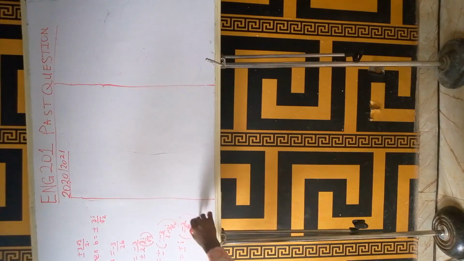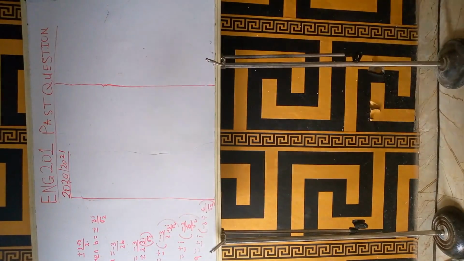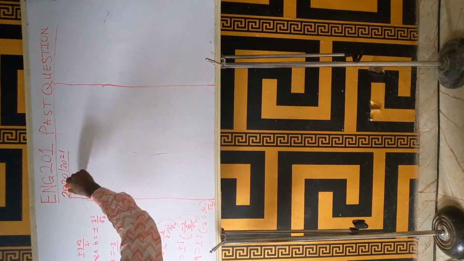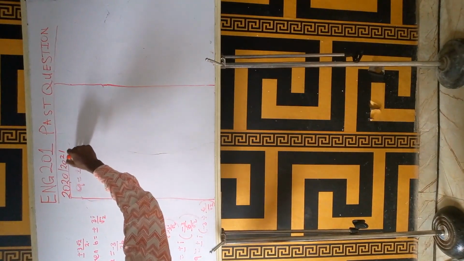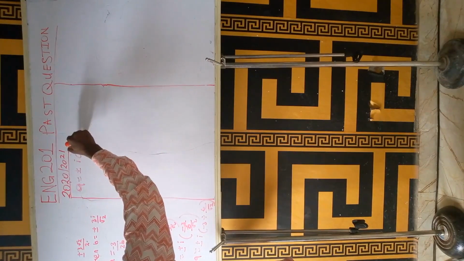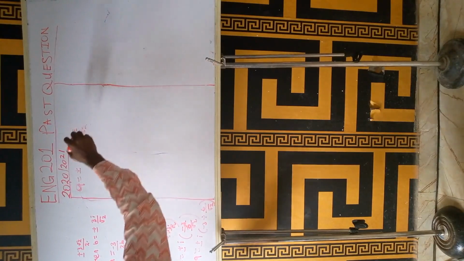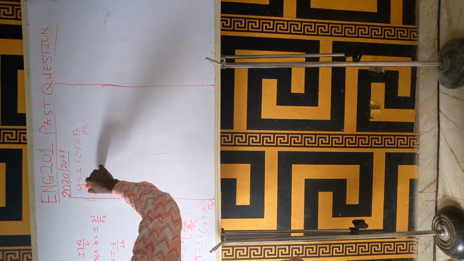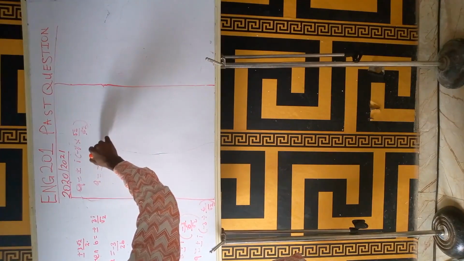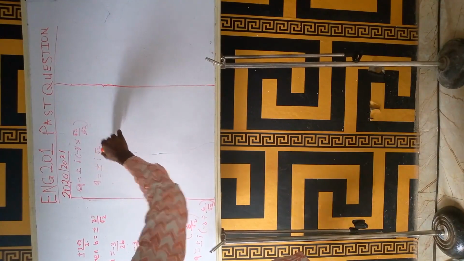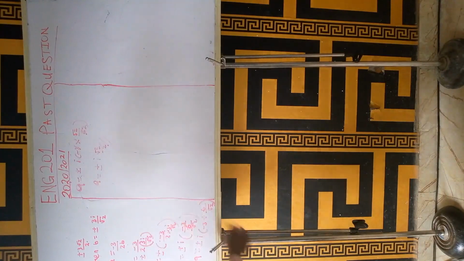And your a will now be plus or minus i times minus 3 over 6 over root 2. When you have something like this, your a will definitely be equal to plus or minus i times minus 3 times root 2 over 6. This 3 will cancel this one. And you have a equals plus or minus i root 2 over 2, because minus times minus will give you plus. That is all for that.